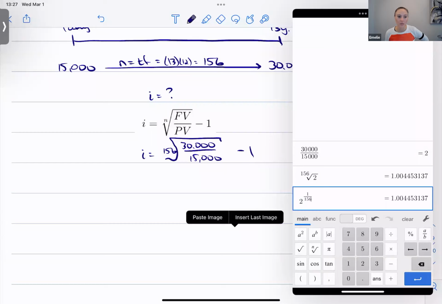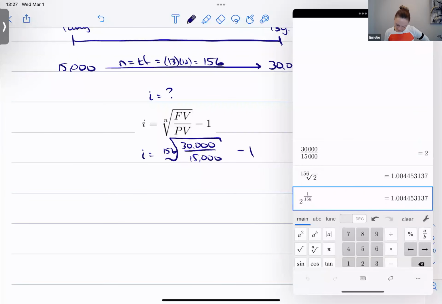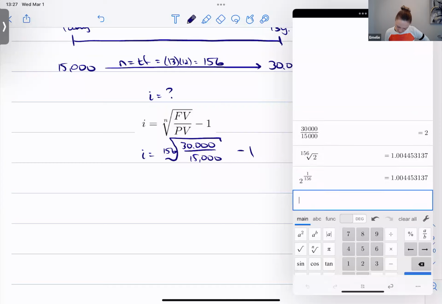Notice that you get the same value, right?